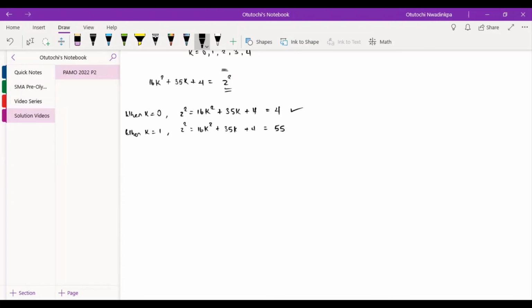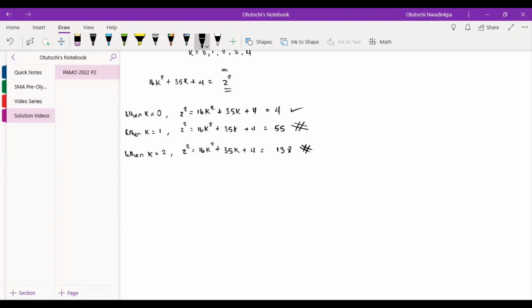But this is not a square, so that's a contradiction. Then when k is equal to 2, z squared is 138. Again, this is not a square, so that's a contradiction.